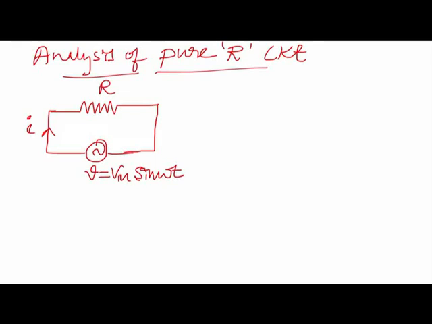So, according to Ohm's law, if we apply voltage to a resistance, there will be a voltage drop. Let us consider the voltage drop across the resistor is VR.